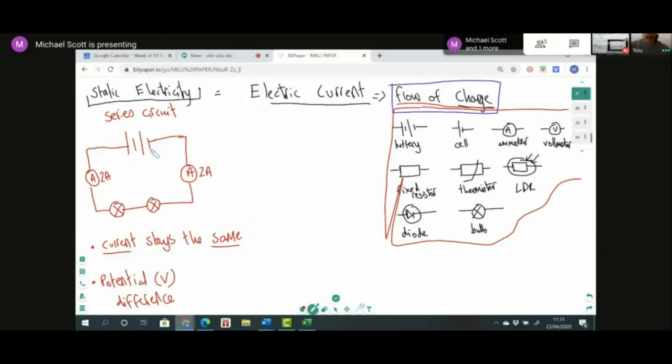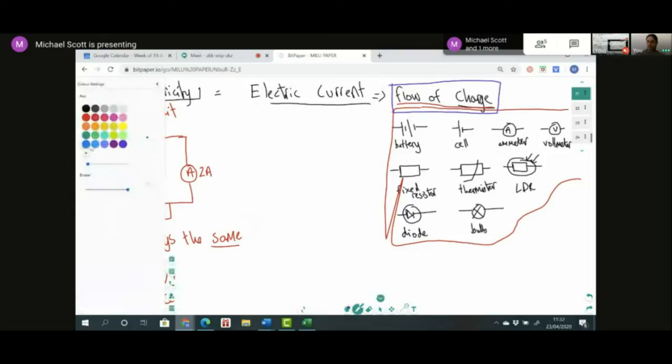Let's just say, for example, that the battery at the top here is a 9-volt battery. If I was to put a voltmeter across this light bulb here, and a voltmeter across this light bulb here, voltmeters measure potential difference.